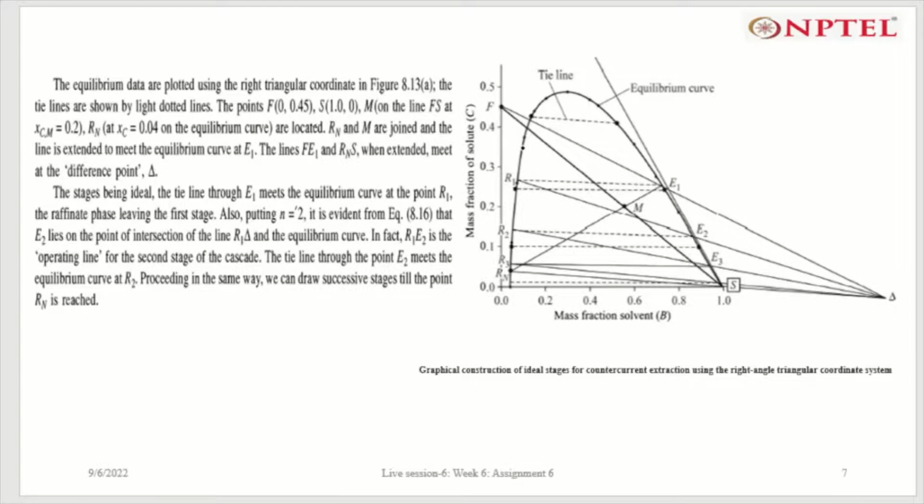The lines F E1 and Rn S, when extended, meet at the difference point. All of you know that this is the difference point. It is a fictitious stream obtained by removing the mass of the feed F from the first stage extract E1, or by removing the mass Rn of the last stage raffinate from the solvent S. It represents the difference point.